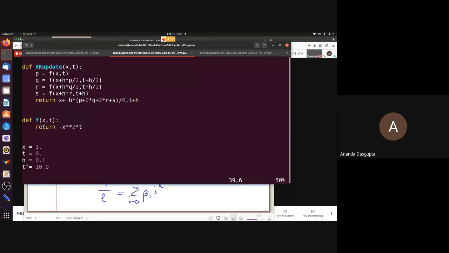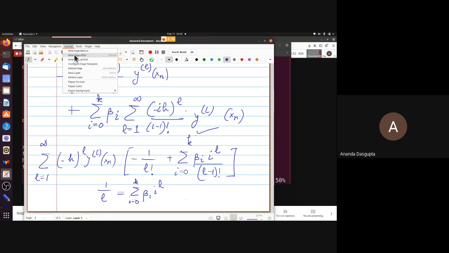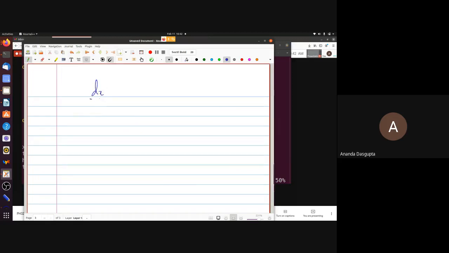But here I'm simply solving this equation, f of x comma t, that is dx dt is minus x squared times t. Okay, so that's the equation. And that, of course, has a very simple solution, subject to y at 0 equals 1.